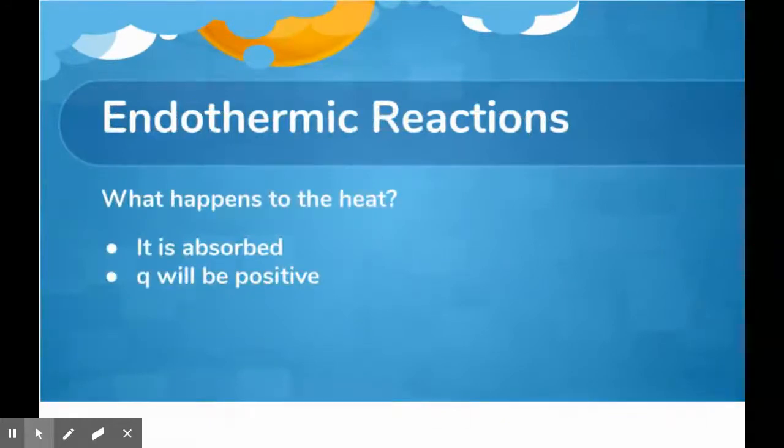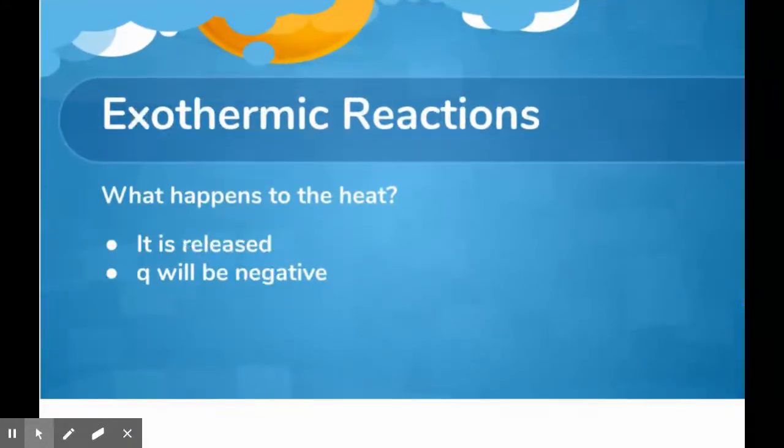So remember, we're focusing on heat transfer in this unit. And in endothermic reactions, heat is absorbed by the system. So our Q is going to be positive. And remember, Q is the heat that is transferred, so it's transferring into the system, it will be positive. And now for exothermic reactions, remember heat is released from the system to its surroundings.